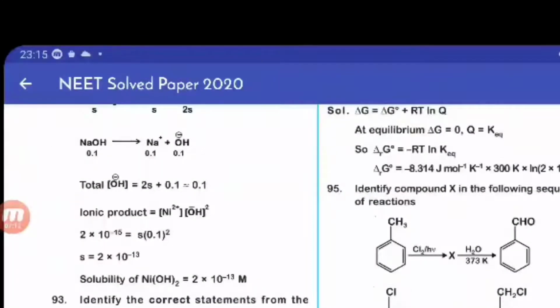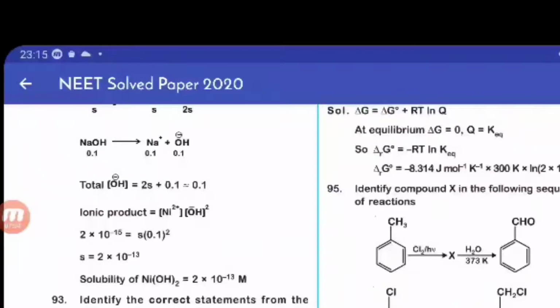In question number 95, identify the compound X in the following sequence of reactions. Toluene is chlorinated, so it is forming benzyl chloride.